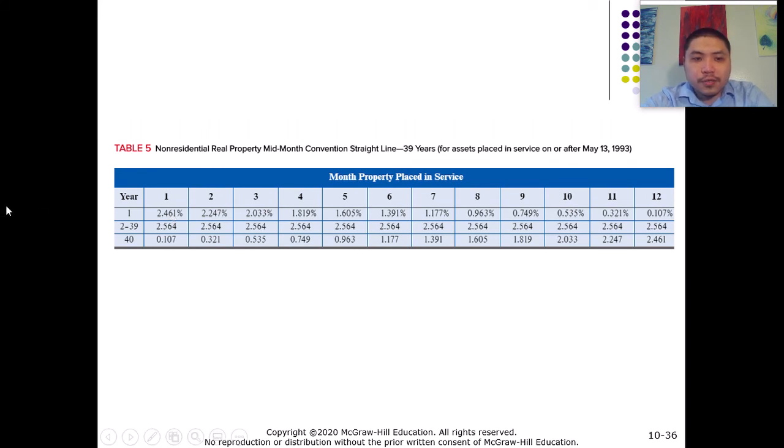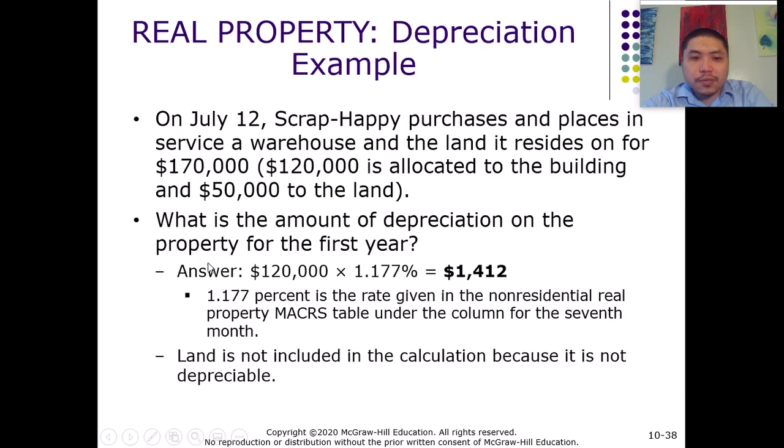The month that the building is put into service is July, so we know the rate is 1.177%. We take $120,000 times 1.177%, and that gives us the depreciation expense for the first year that this building is put into service.